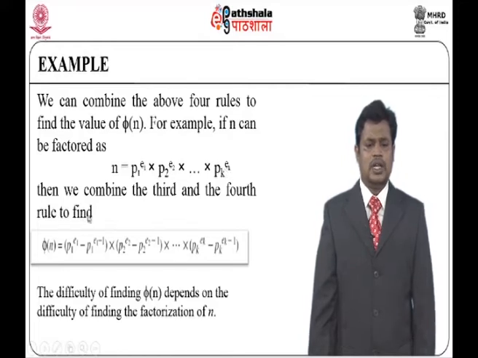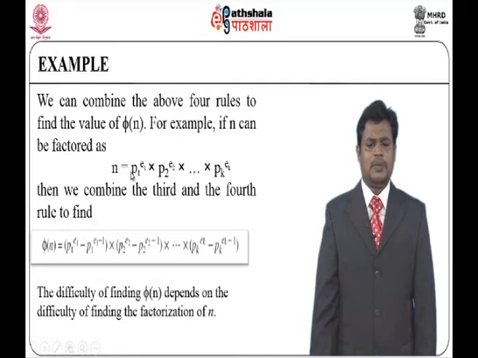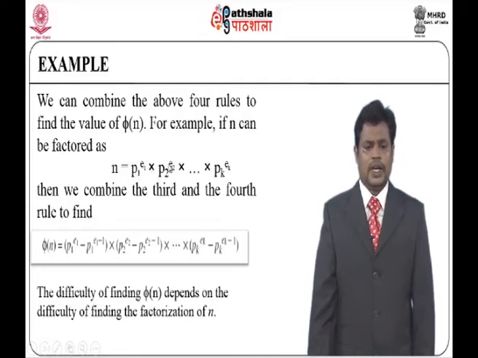What I can do is combine the third and fourth rules, similar to what I did for 10. When I take 10, I can represent it as 2 power 1 into 5 power 1.